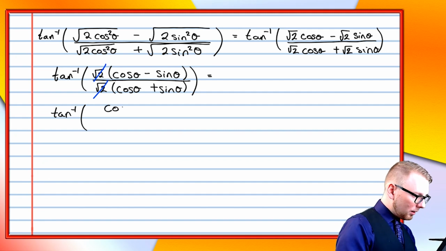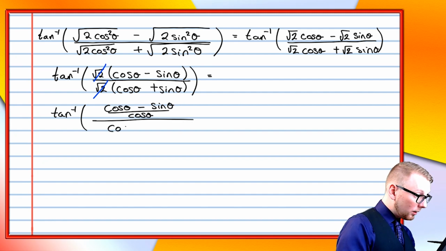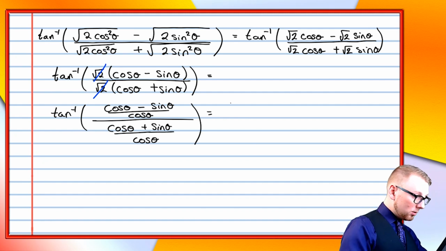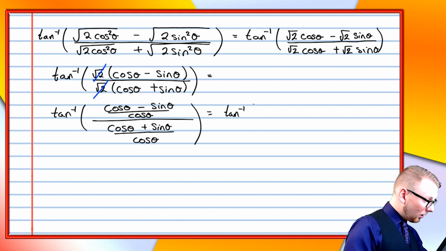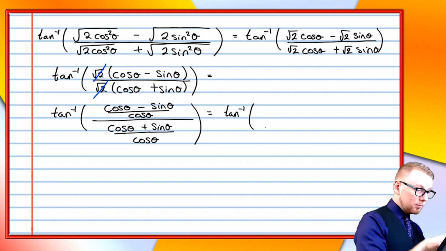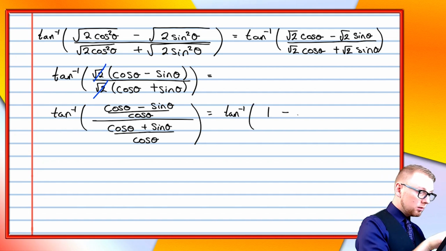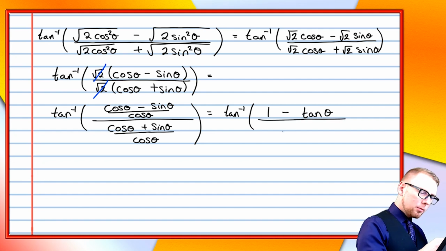If I go cosine theta minus sine theta divided by cosine theta all over cosine theta plus sine theta divided by cosine theta, that's going to turn into the tan inverse of cosine divided by cosine is 1, so 1 minus sine divided by cosine is tan, 1 minus tan, all over cosine divided by cosine is 1, so 1 plus sine divided by cosine is tan.